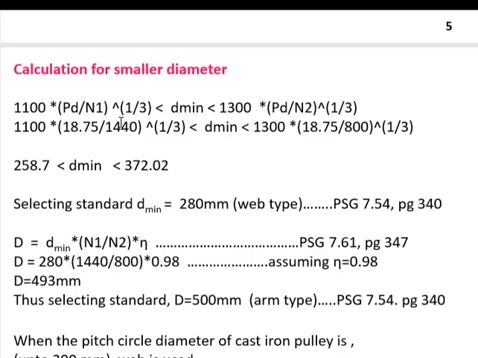We know PD, the design power, and N1 and N2 are known. Hence we come up with the values 258.7 and 372. So this is the range of the minimum diameter of the smaller pulley. Your smaller pulley diameter should be in between those values: either 258 or maximum 372.